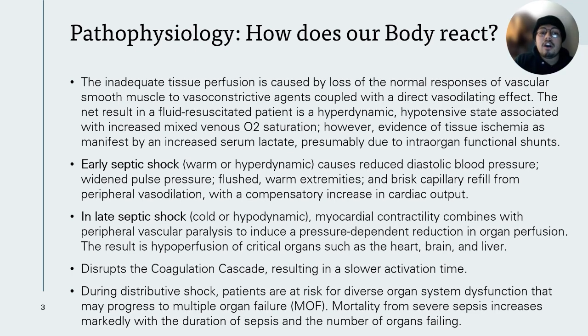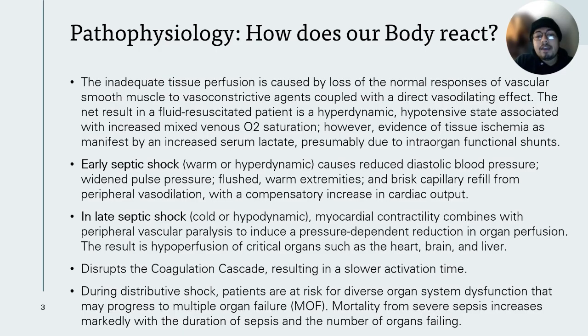Early shock would be warm or hyperdynamic, which causes a reduction in diastolic blood pressure, widening the pulse pressure, creating flushed, warm extremities and a brisk capillary refill, from peripheral vasodilation with a compensatory increase in cardiac output. But in late septic shock, the patient is very cold or hypodynamic.